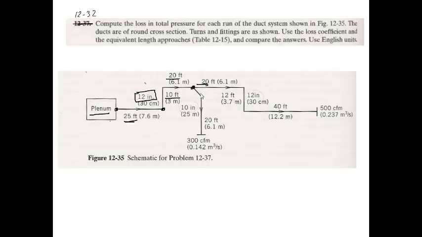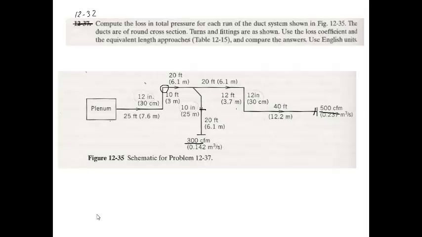This splits to a 10-inch duct going down, and then this keeps at 12 inches all the way to the end. This branch here is at 300 CFM. This branch here is at 500 CFM, which means that this branch here should be at 800 CFM.